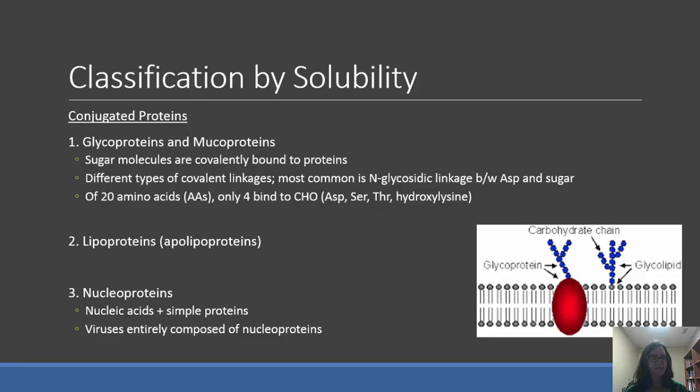The glycoproteins occur where sugar molecules are covalently bound to proteins, and we've talked about this a lot before, that these glycoproteins are really important, especially for cell signaling. And there's different types of covalent linkages that we see between the sugar and the amino acid, but the most common is an N-glycosidic linkage between asparagine and the sugar.